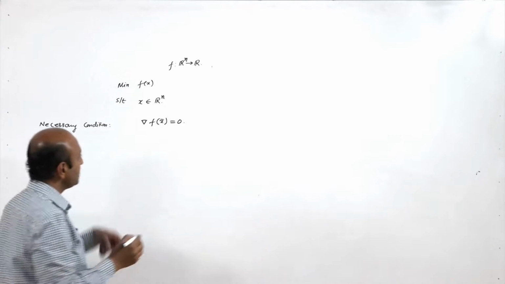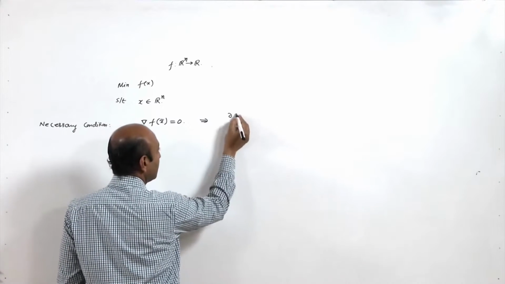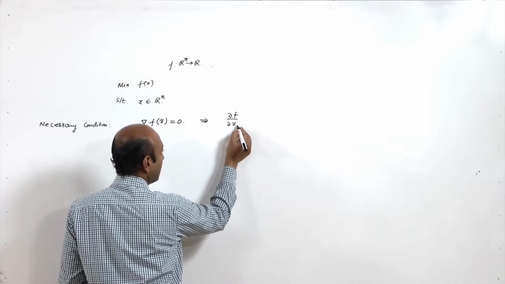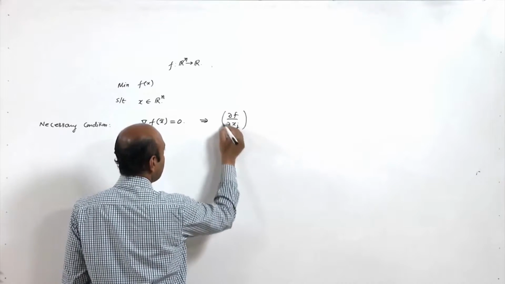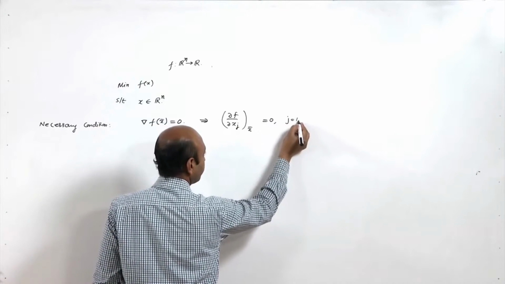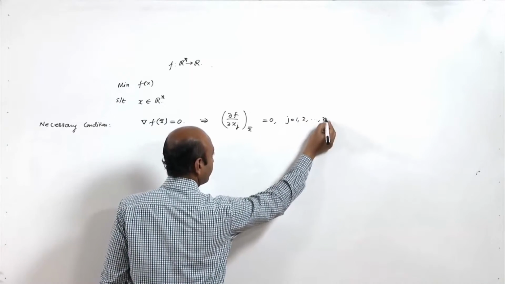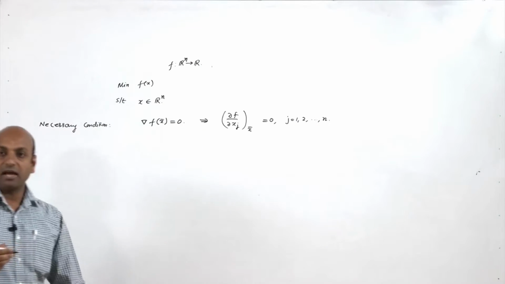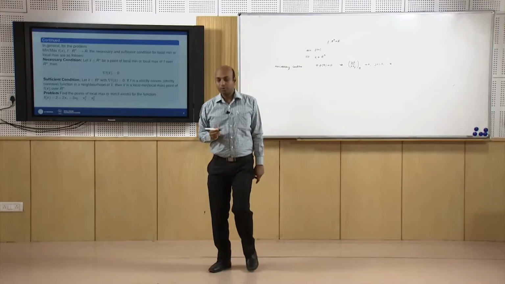This implies del f upon del x j at x bar must be 0 for all j. We are having n number of variables.